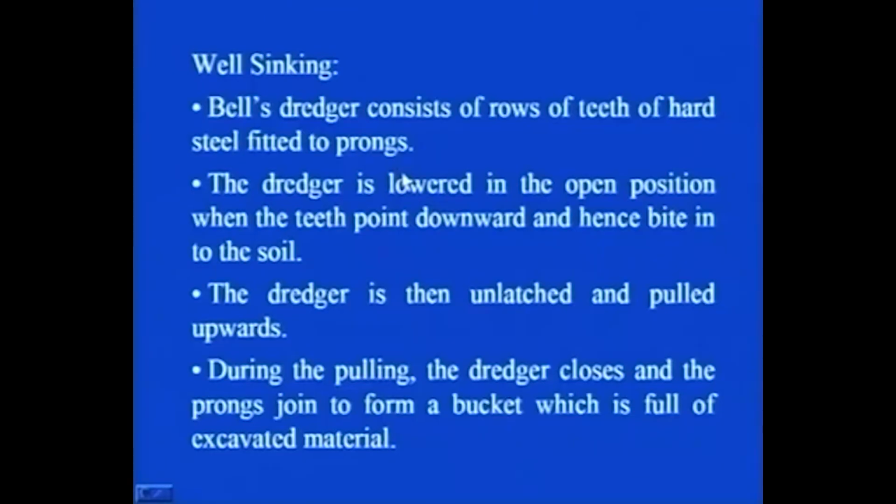How it works, we will see in these points. Bell's dredger consists of rows of teeth of hard steel fitted to prongs. The dredger is lowered in the open position, when the teeth point downward and hence bite into the soil.